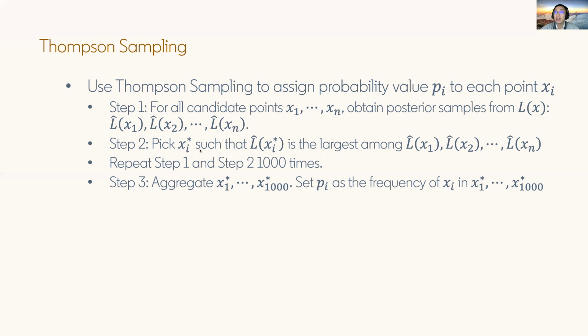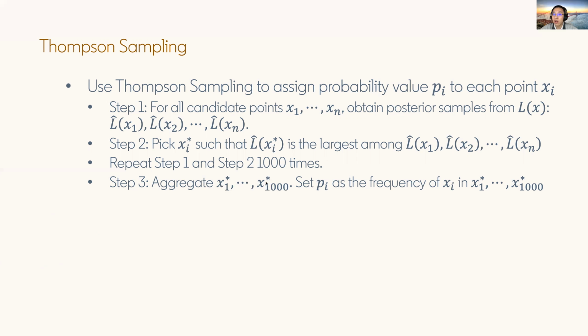In step 2, we find the maximizer among these n points. We pick xi star such that L hat xi star is the largest among all the points. The third step is that we repeat these two steps many times, for instance, 1,000 times. After 1,000 times, we get 1,000 points, x1 star, x2 star, up to x1,000 star.